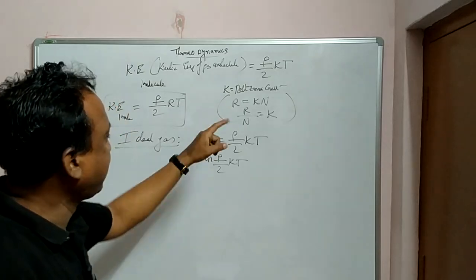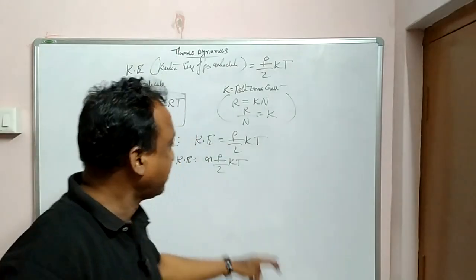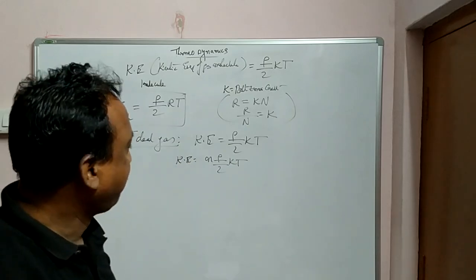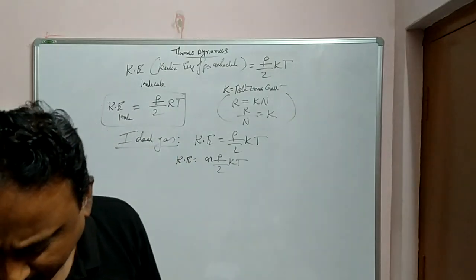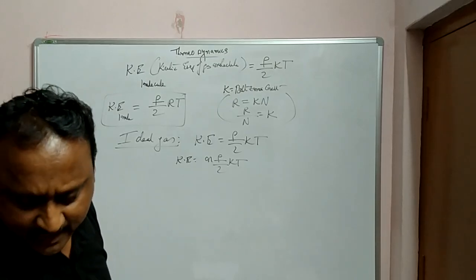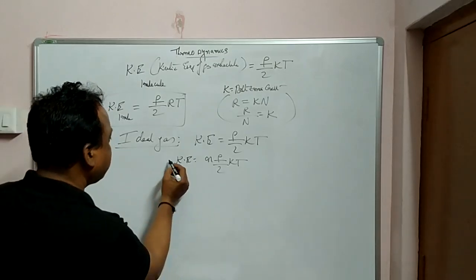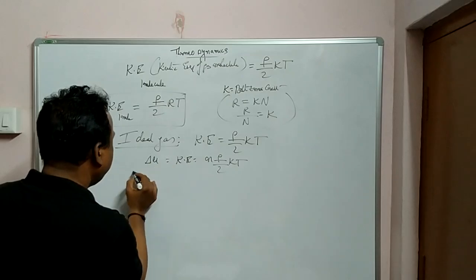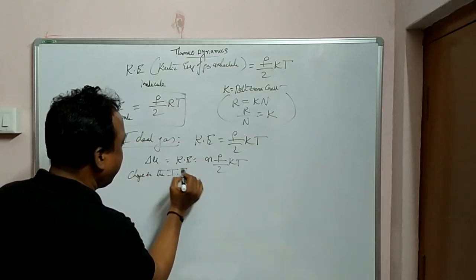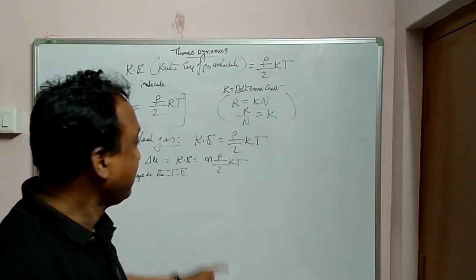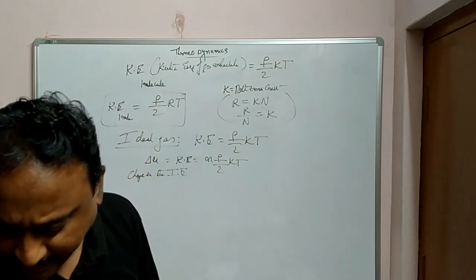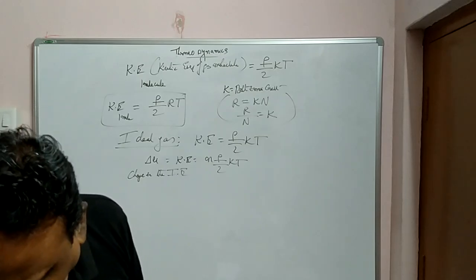This is also called the change in internal energy, delta U, equal to n into F by 2 kT.